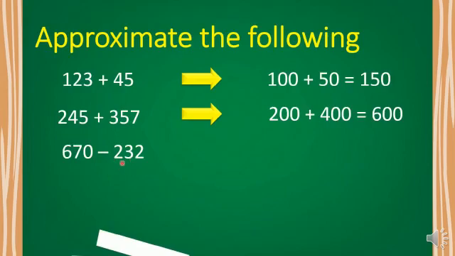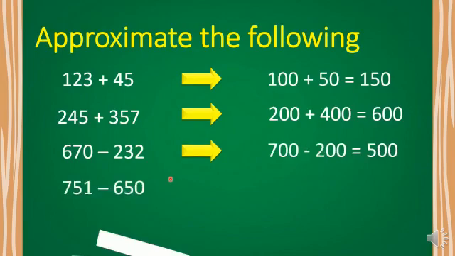So 200 will be as it is. So we cancel 2 and put 0, we cancel 3 and put 0, and the result will be 200. So here we have 700 minus 200 equals 500.